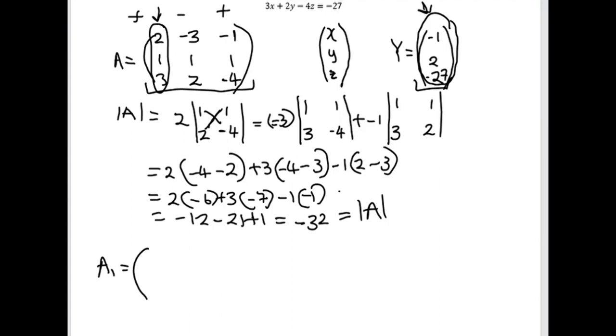So this is the augmenting process. So I'll have minus 1, 2, minus 27. I just replaced this column with Y, and then the rest will remain the same: minus 3, minus 1, 1, 1, 2, and minus 4. And then I'll find the determinant.